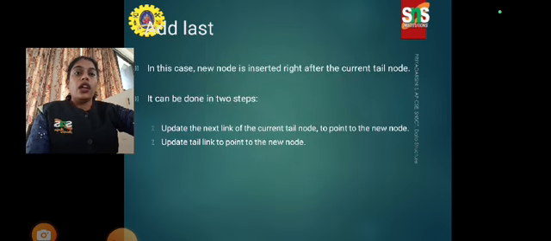Okay, and another scenario that is also a simple one: we have to insert a node at the end. Nothing but we have to connect or link a node at the tail part. It can be done in two steps. Update the next link of the current tail node to point to the new node, and update the tail link to point to the new node.